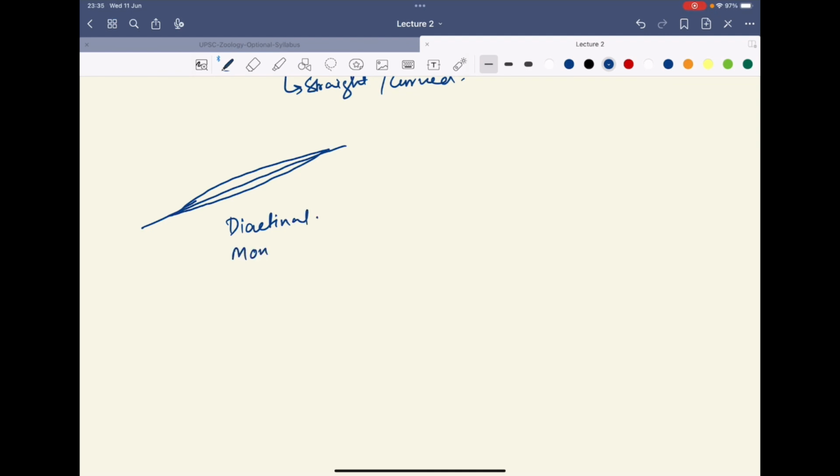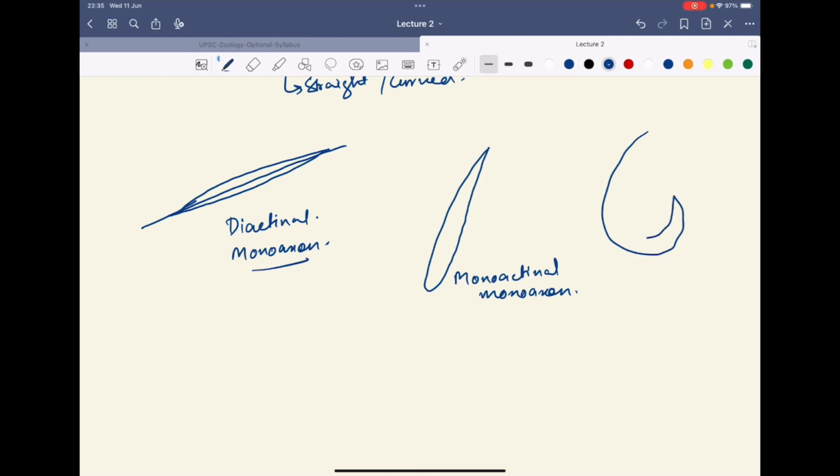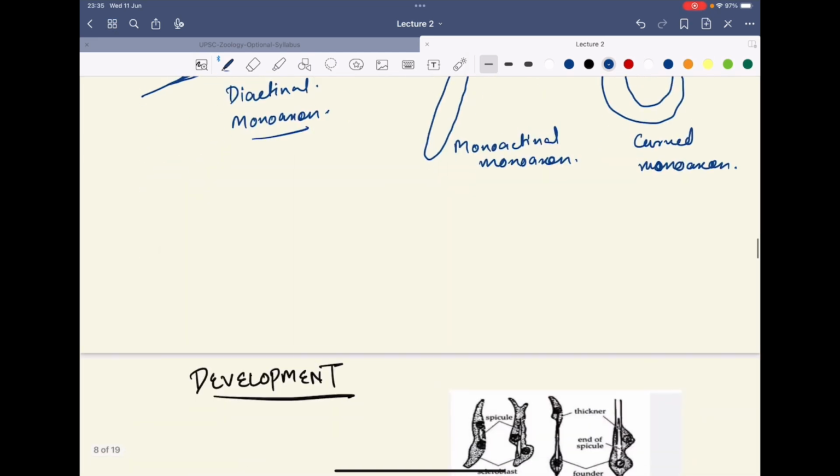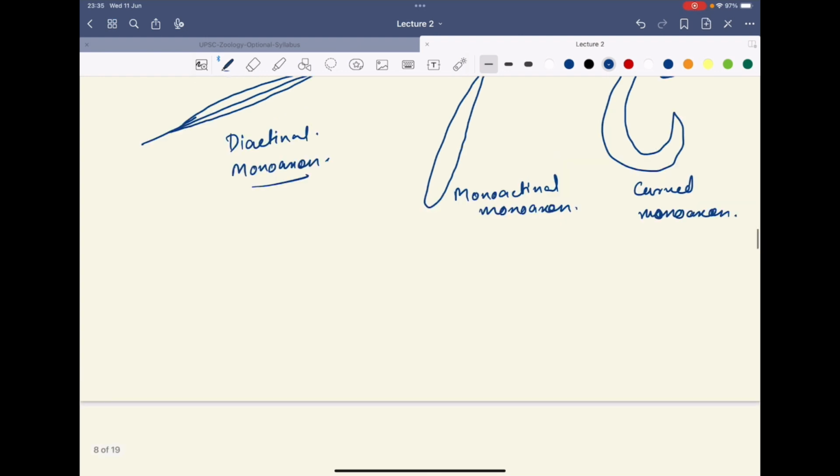This is diactinal monoaxon. This is monoactinal monoaxon. This one is curved monoaxon. So these are the types of monoaxons present.